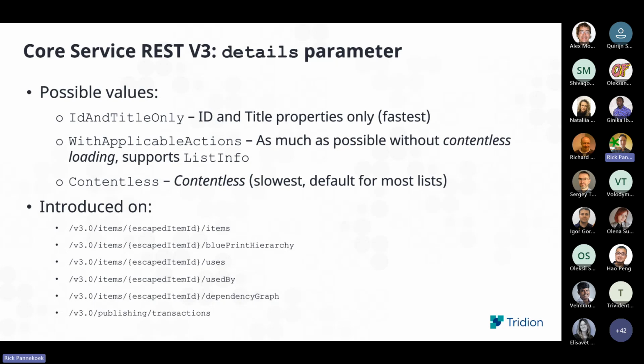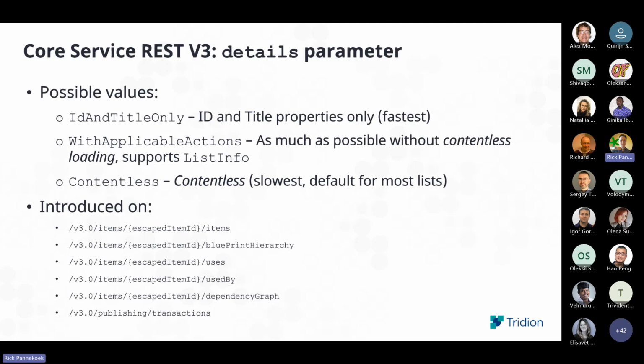Well, need I say more? It gives you the ID and title only, and that is definitely the fastest option available. Again, both in the processing that is needed on the backend, but also in the amount of data that has to be transferred over the wire, which may be quite relevant if you don't have a super high bandwidth connection with your front end.